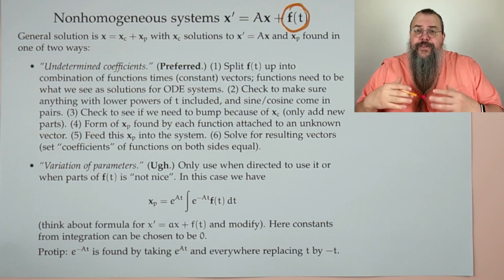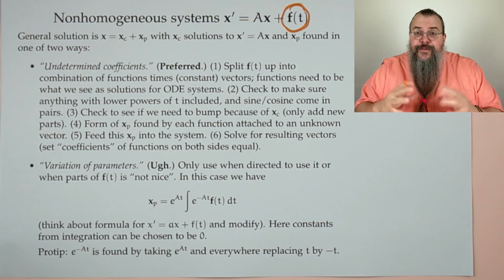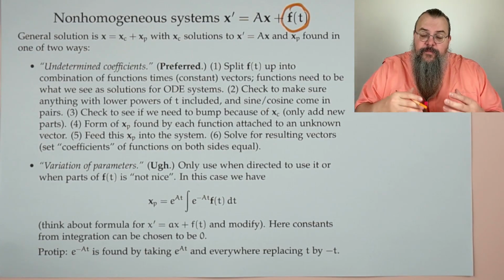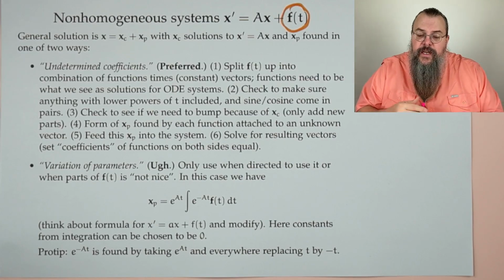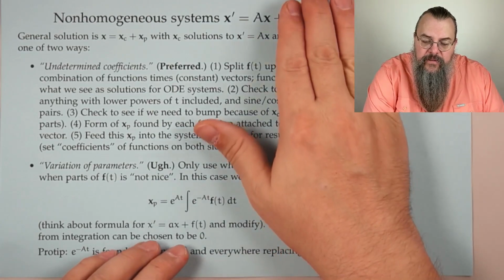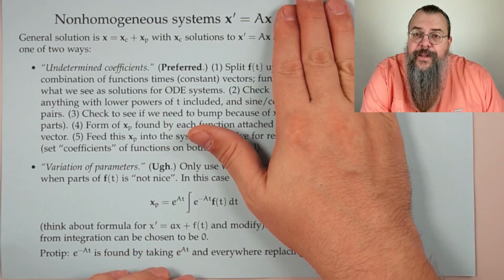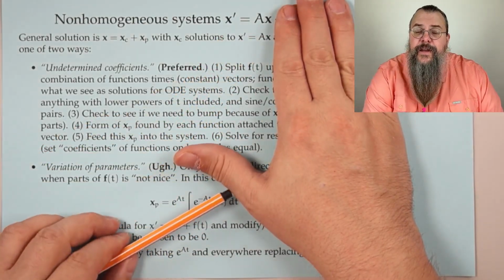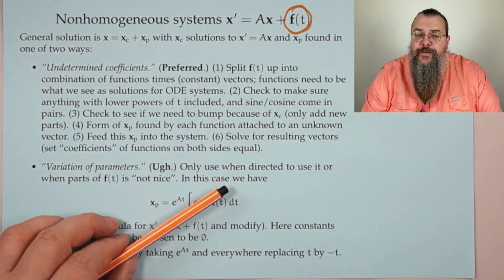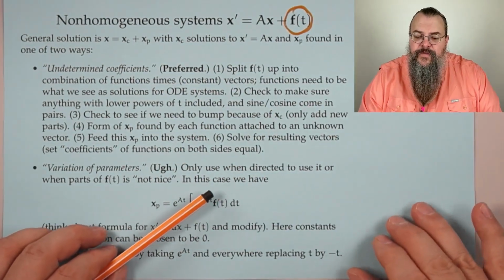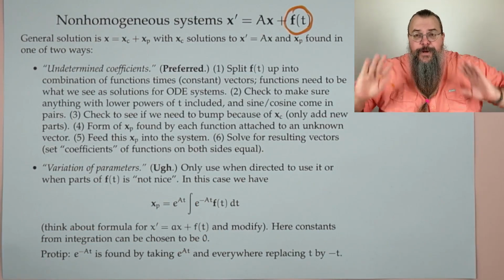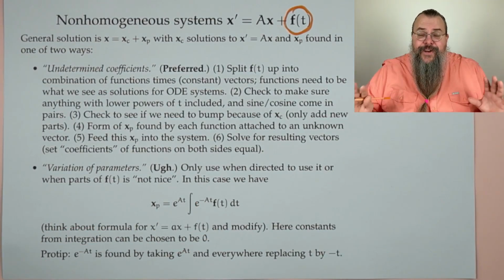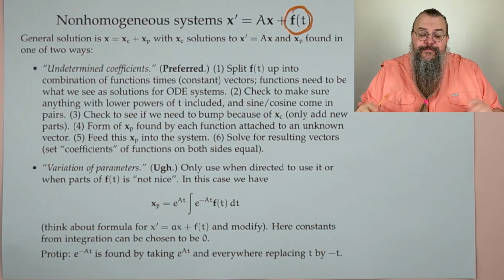One part is my complementary solution, xc, and one is my particular solution, xp. Now, for xc, say that f of t goes away. You solve that problem. Now, the xc is used to say I can always get my initial conditions. All right, so let's say we're comfortable doing xc. That's eigenvalue techniques. We're really good at that.